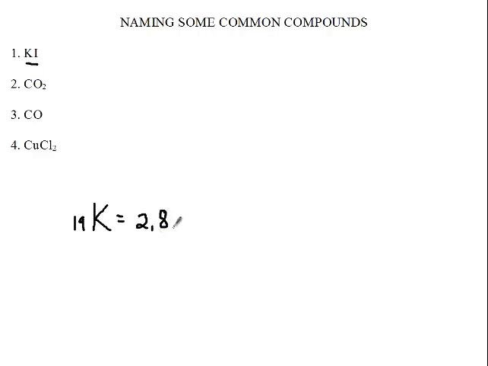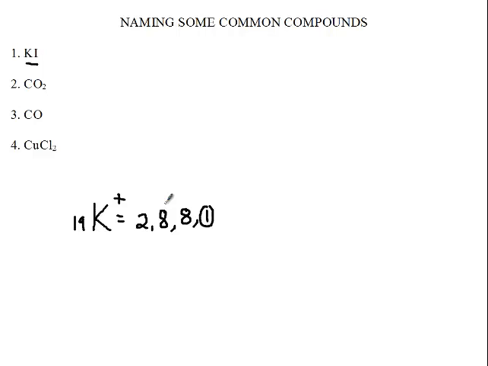That will give us 10. That means we have 9 more electrons to share. The third shell is going to take 8. That means we have 1 more electron, and then the last shell will take 1. This means potassium is a group 1 element and therefore has oxidation number of +1.